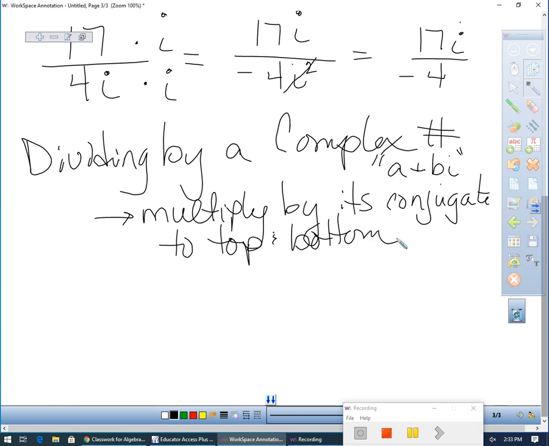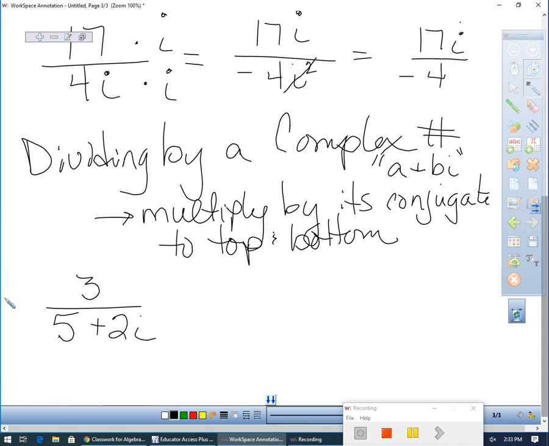So, let me show you what I mean. Let's say I have 3 over 5 plus 2I. I have a complex number in the denominator.